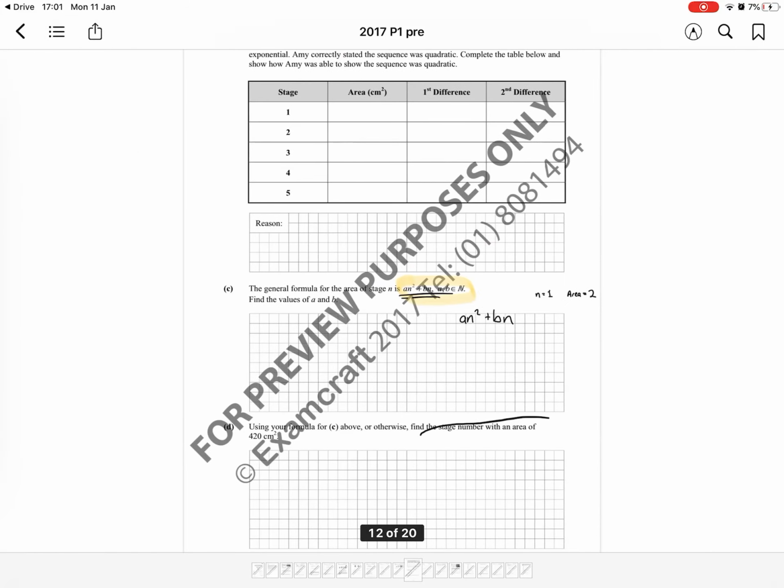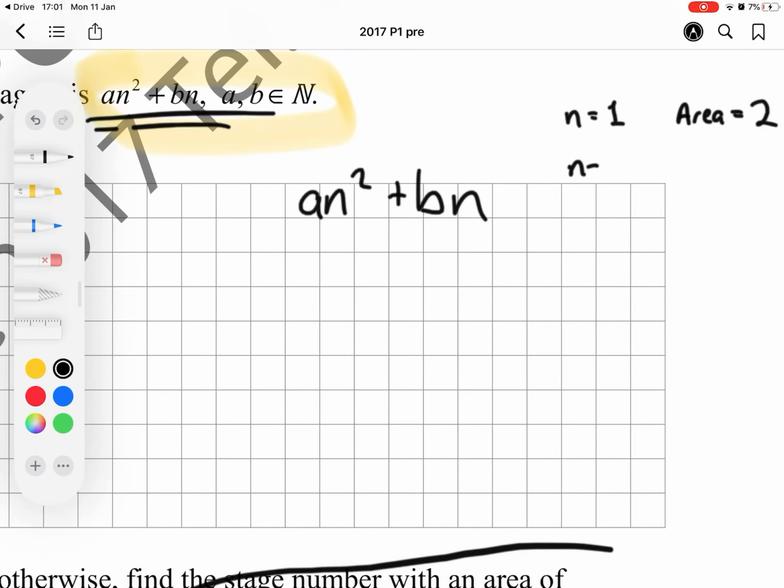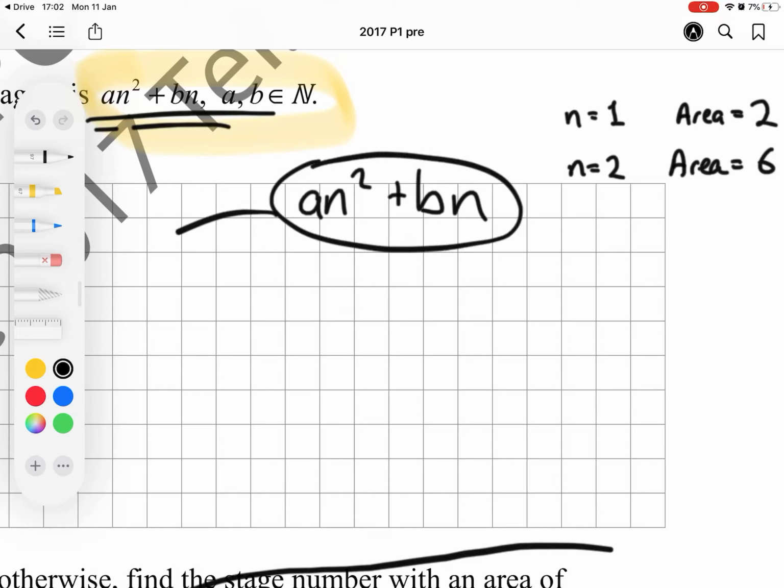So let's try and apply that. When n equals 2, the area is equal to 6. Let's write that out with what I know. Let n equal 1 and let the area equal 2.